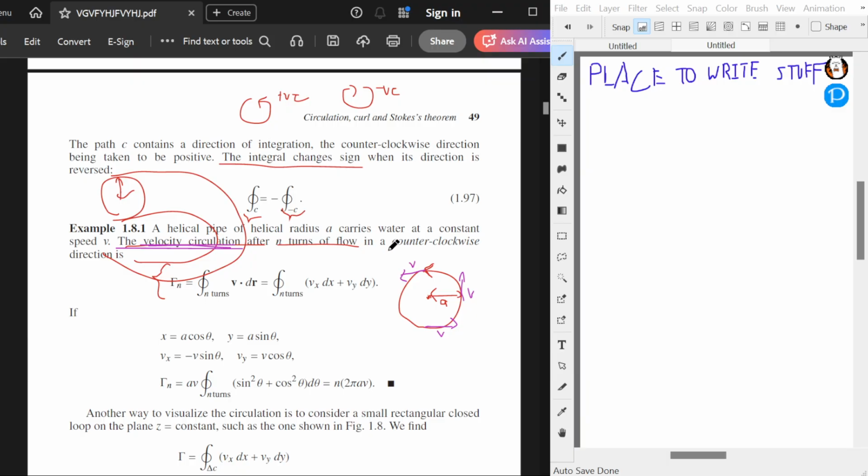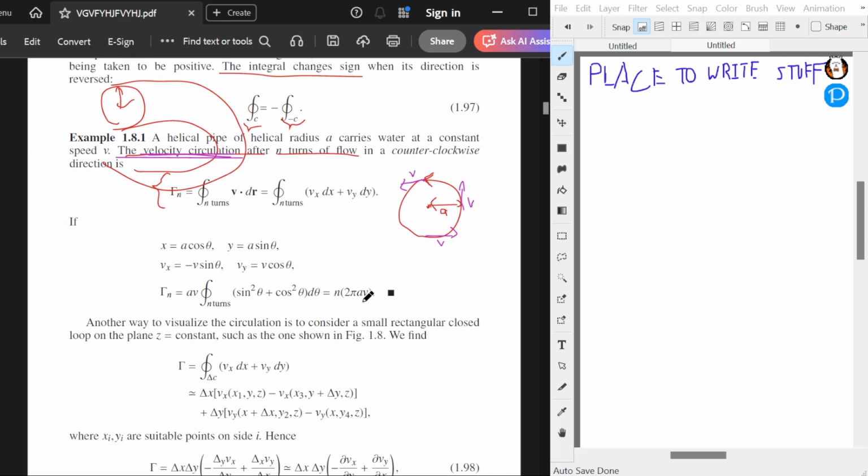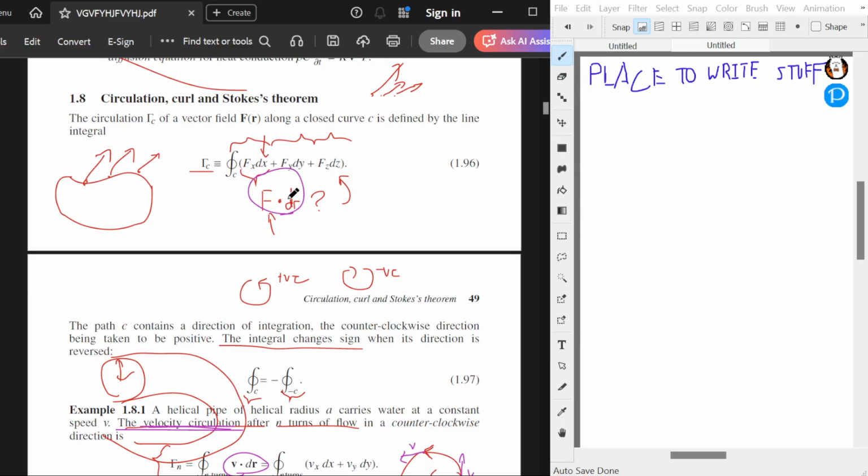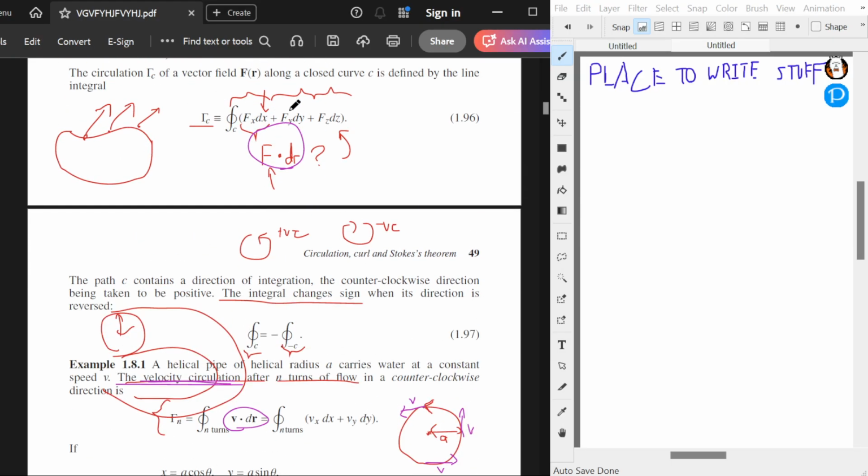After n turns of flow in a counterclockwise direction is... hmm, and it looks like n. If it's one turn, it's just this. If it's two turns, it's two times this. So that part is simple. The velocity circulation of the n turns of flow is this. So yeah, just as I was saying, it's a dot product of the vector field and dr.